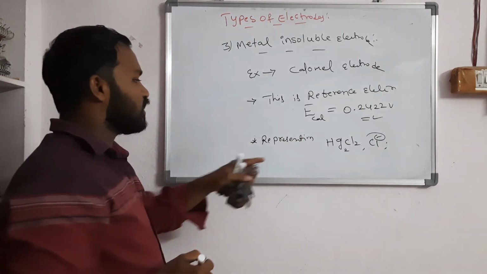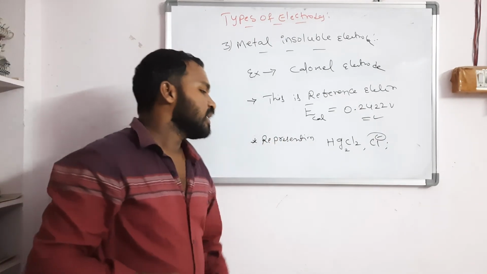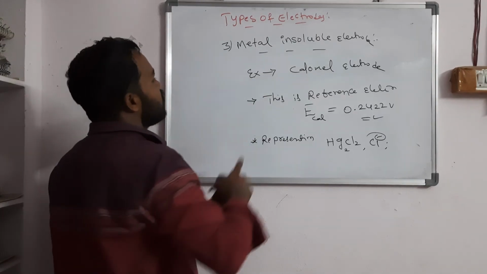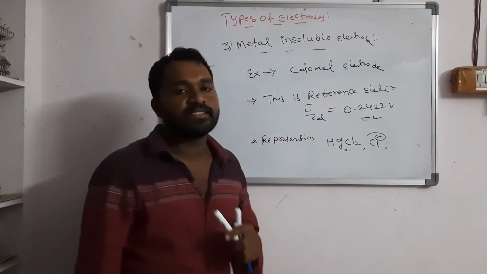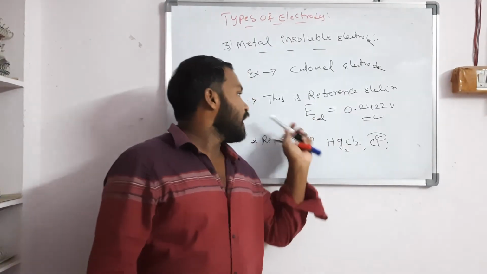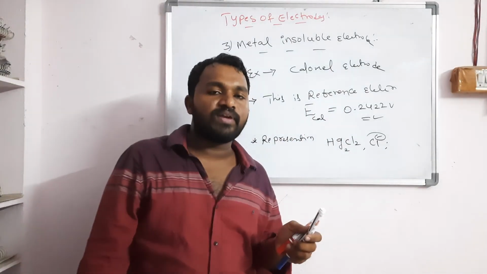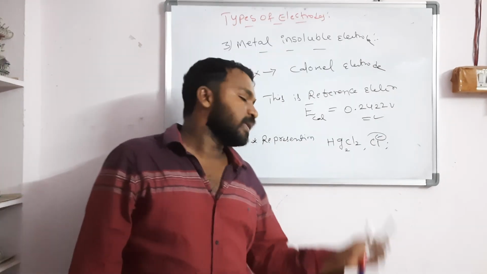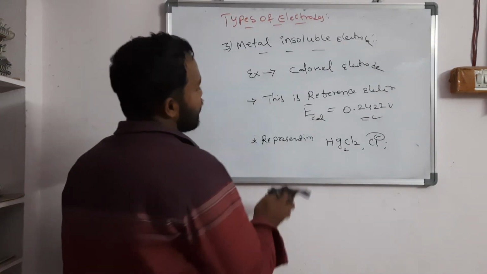So the representation is Hg2Cl2 in Cl minus. This is about the metal insoluble electrode. Only 3 points you should write in the examination: an example of this electrode is the calomel electrode, which is used as a reference electrode; E calomel is 0.2422 volts; and the representation is Hg2Cl2, Cl minus.